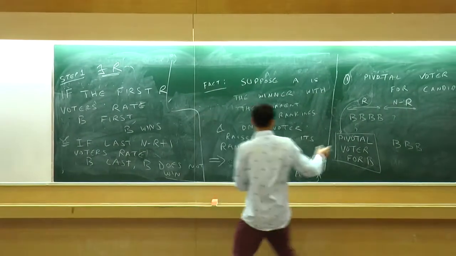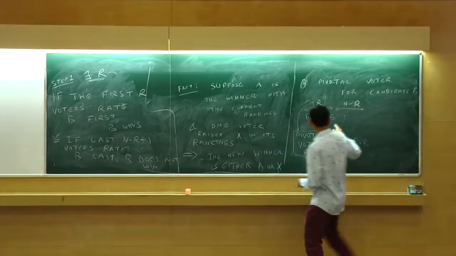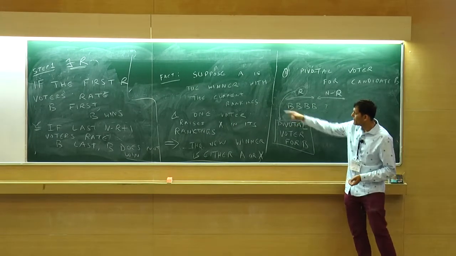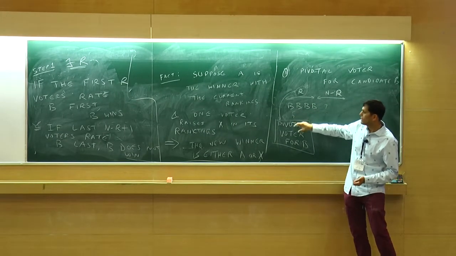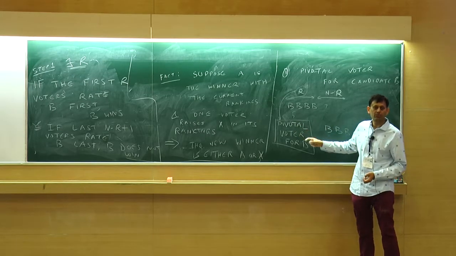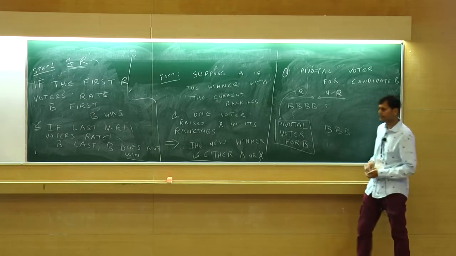As long as the last N minus R plus 1 voters rank B last, B is not going to win. You just take this first time which wins and apply that factoid again and again: if switching things out here could have made a difference, then you would violate strategy proofness.